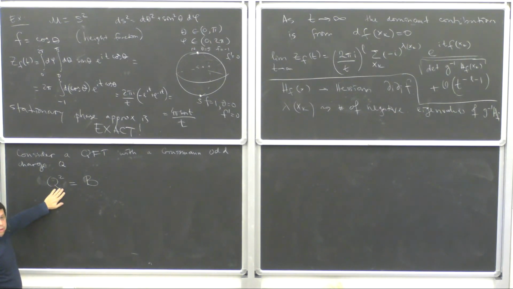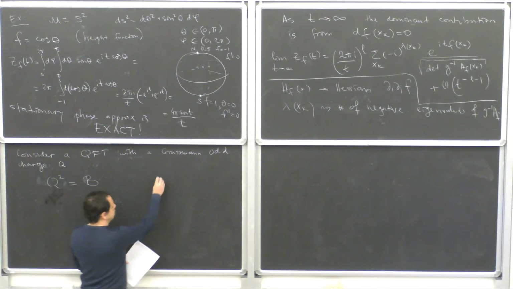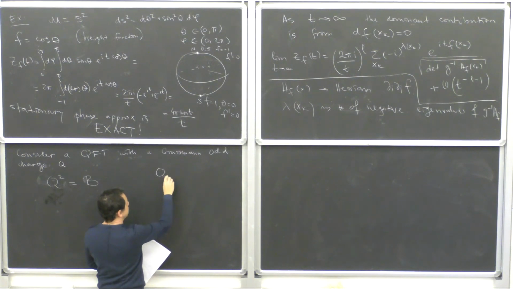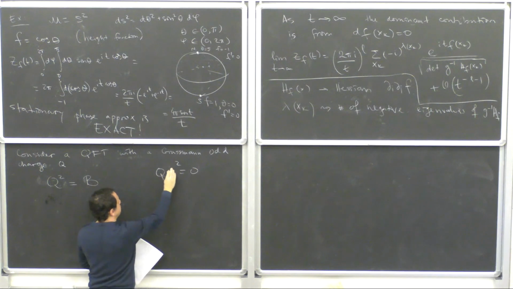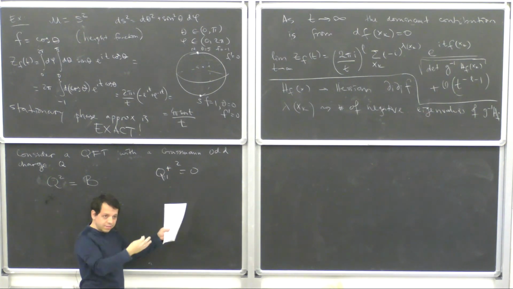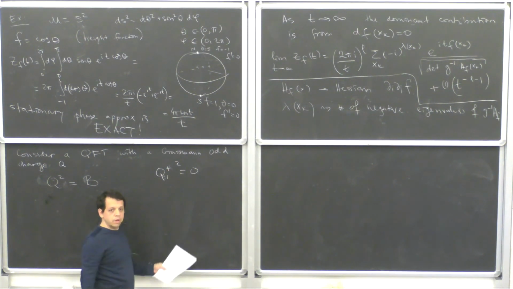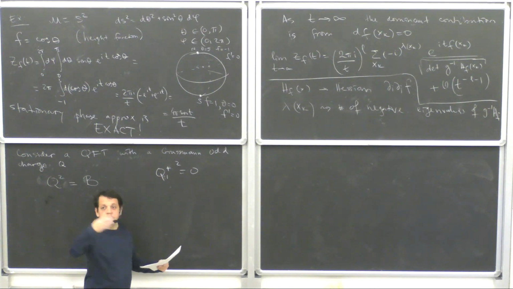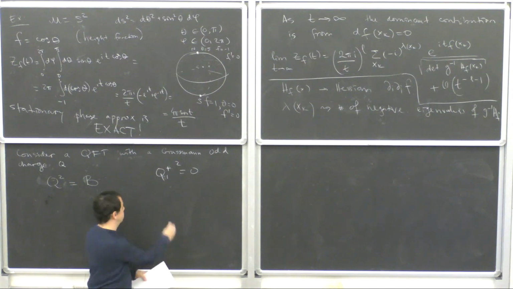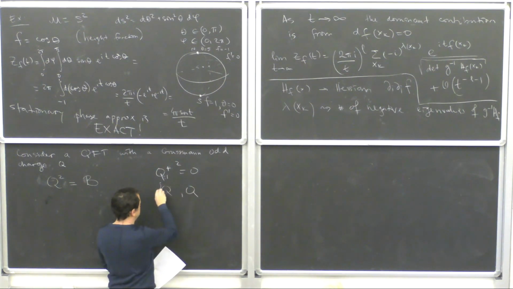So for instance, in our example, just to probably not confuse you, this one, Q1 plus, let's say, itself squared vanishes, but two Qs that are not the same can generate a P, right? There was such a commutator.